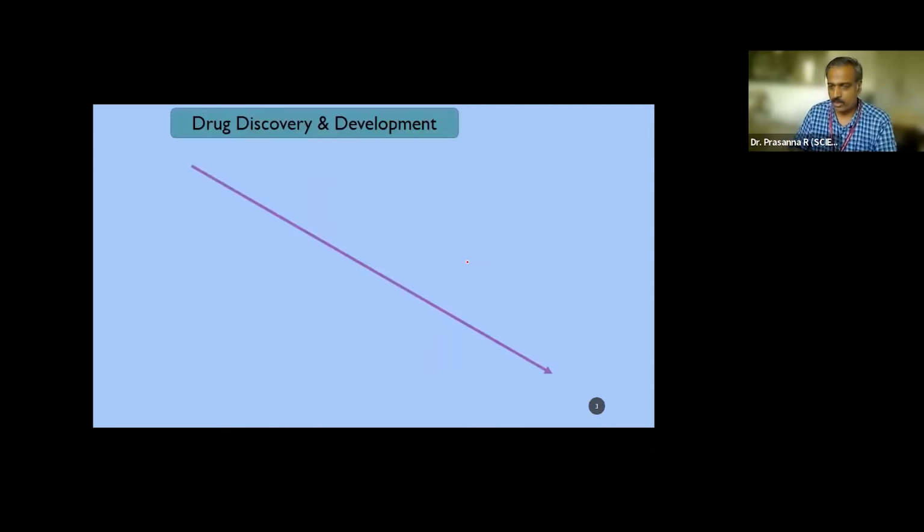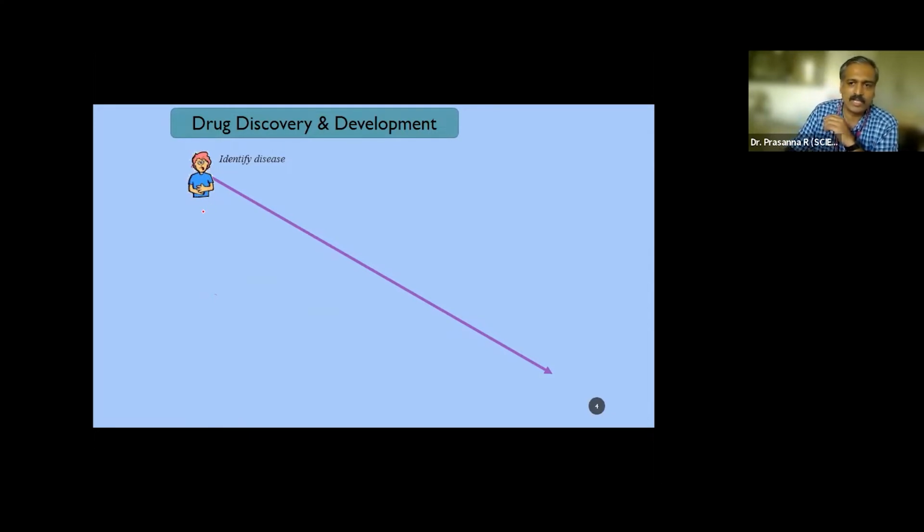I'm just going to give you a basic understanding of how drug development evolves. I'm putting a line, so there may be a mismatch in the animation. This starts with the identification of a disease.